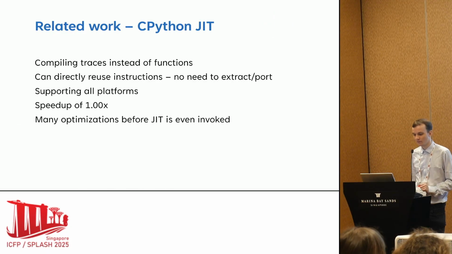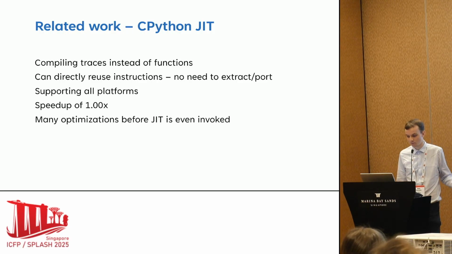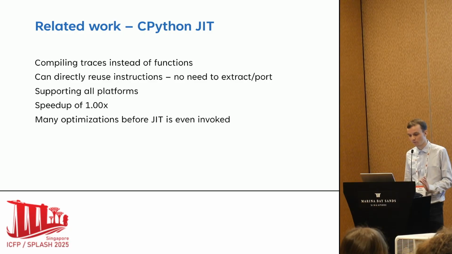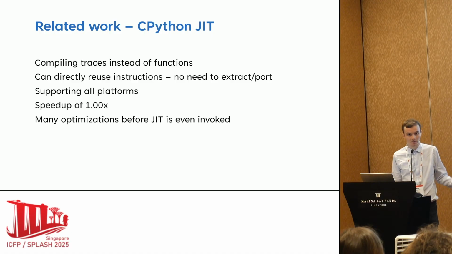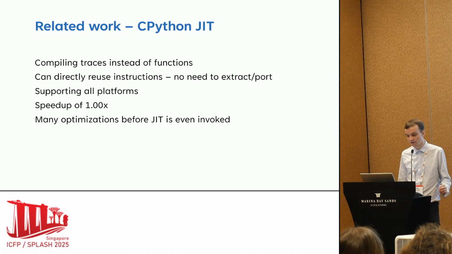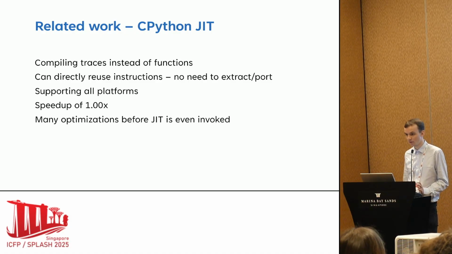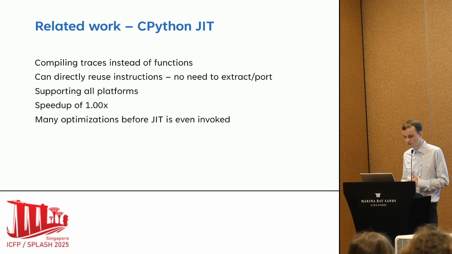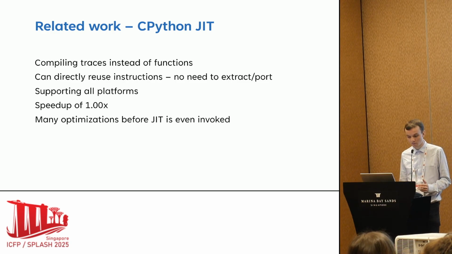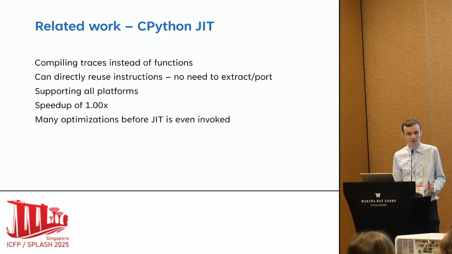To show something about the related work, as I've already discussed for CPython, this is different from our implementation in that CPython compiles traces instead of functions, and they can directly reuse the instructions from their implementation. There was no need to extract it like we did, because the implementation in CPython can be used standalone, and it supports all platforms, but the speedup that it achieves is just 1.0.